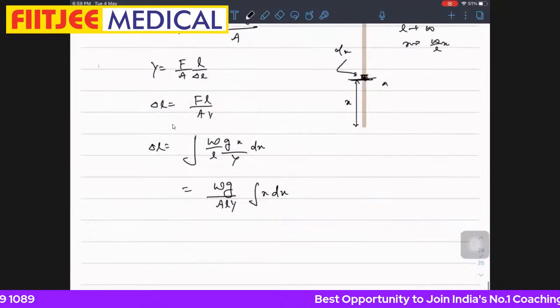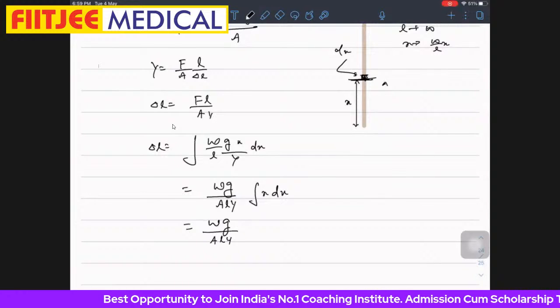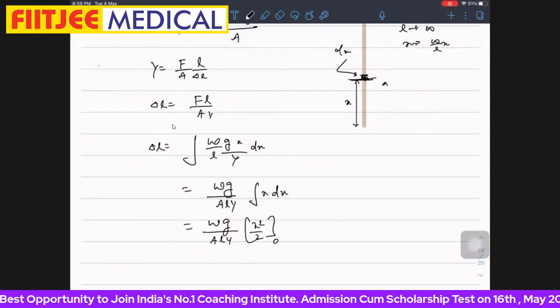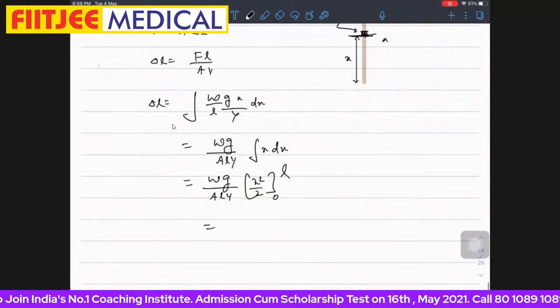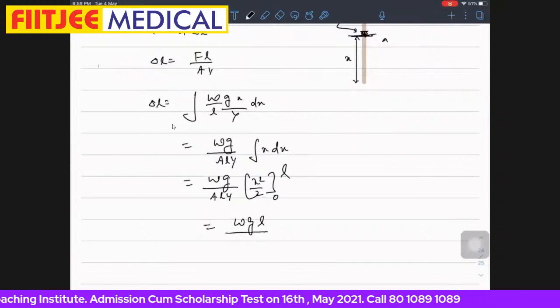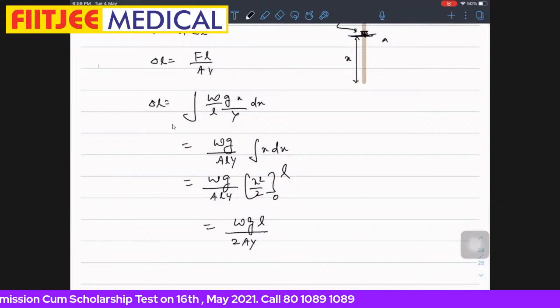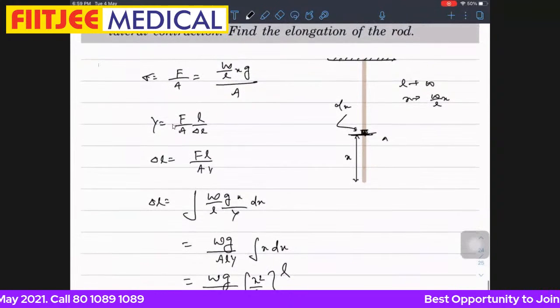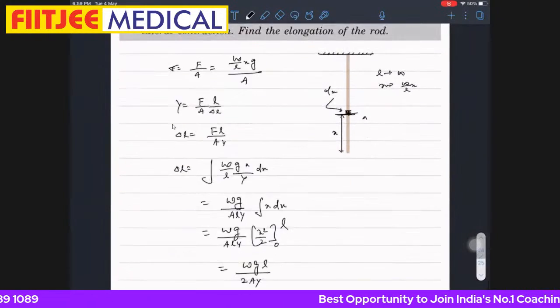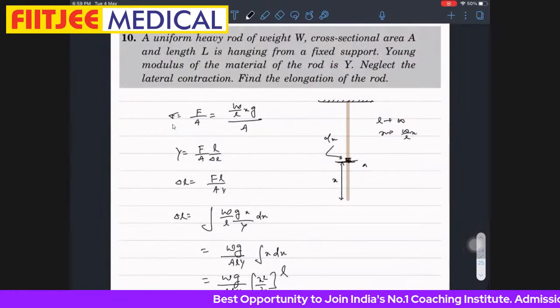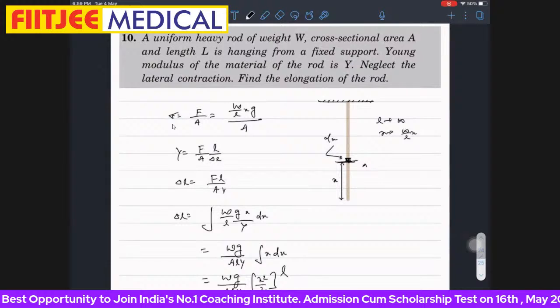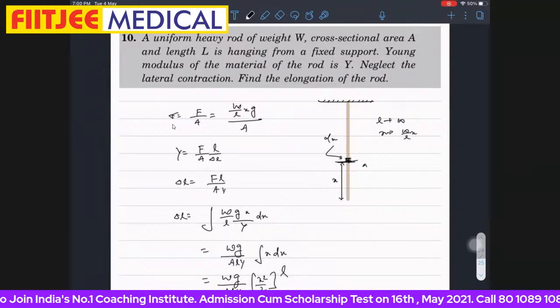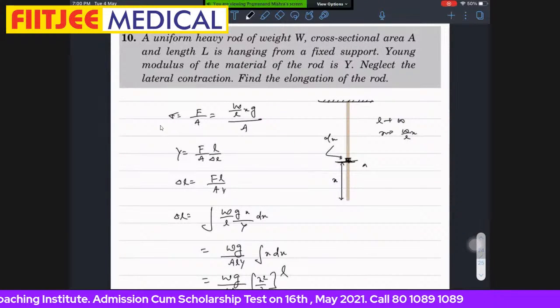So this will become W g by A L Y, x square by 2, from 0 to L. So W g L square by 2 A Y L. L will be cancelled out. So this is how you can do the problem related to the energy stored in the case of a rod due to its own weight. So this is the completion of today's lecture on elasticity and SHM.